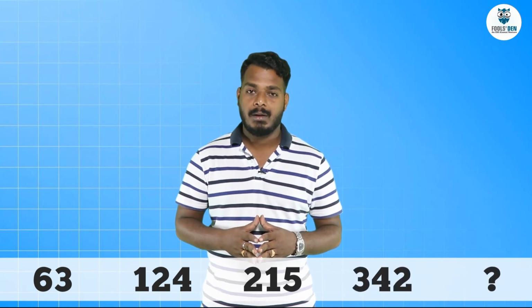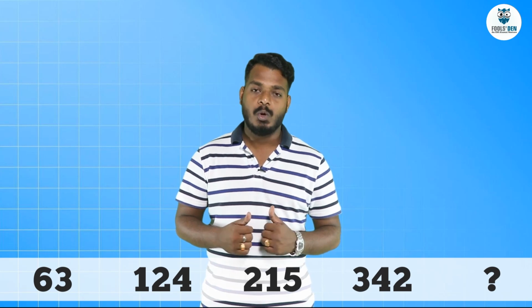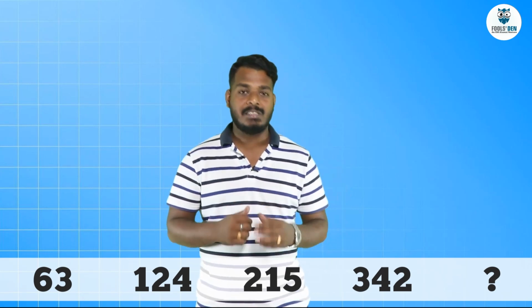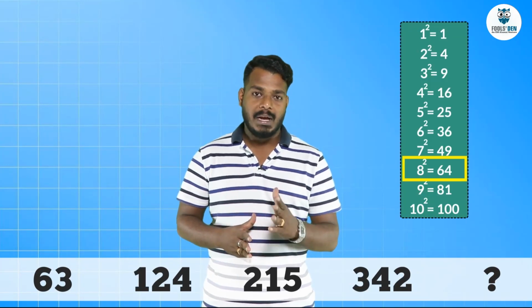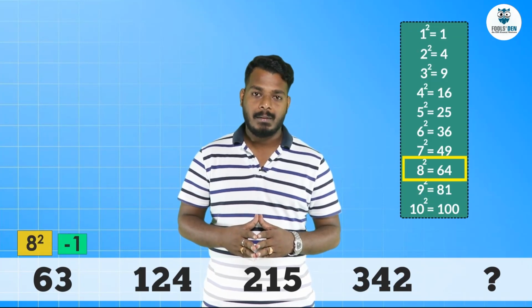Let's take another question: 63, 124, 215, 342, question mark. Now, let's look at the first term of the series, 63. 63 can be related to 8 square. It is 8 square minus 1.